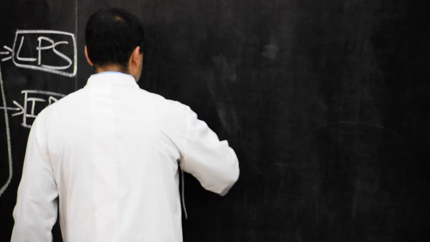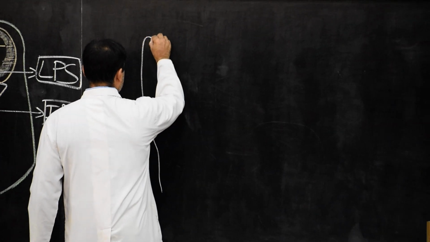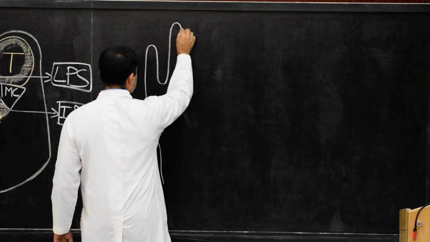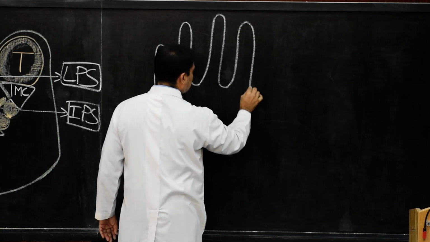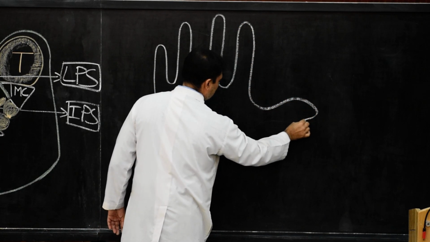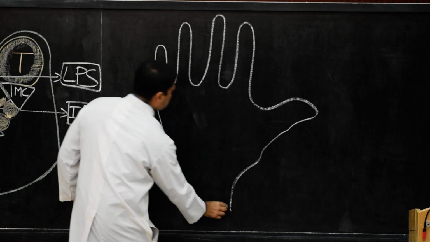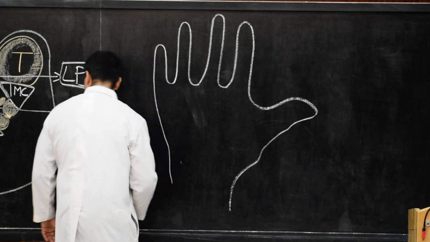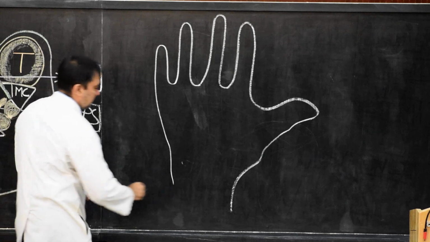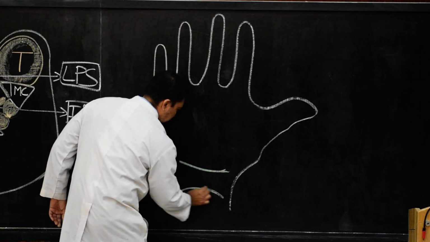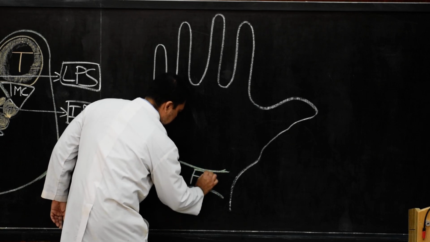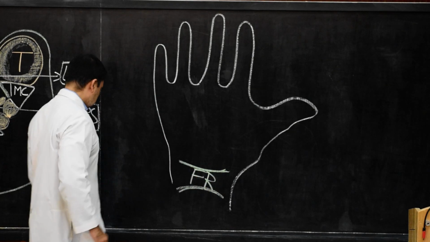Now please come on this side. We first draw a very simple little finger, then the ring finger, then the middle finger, then the index finger, and then the thumb. Now over here we draw the flexor retinaculum.